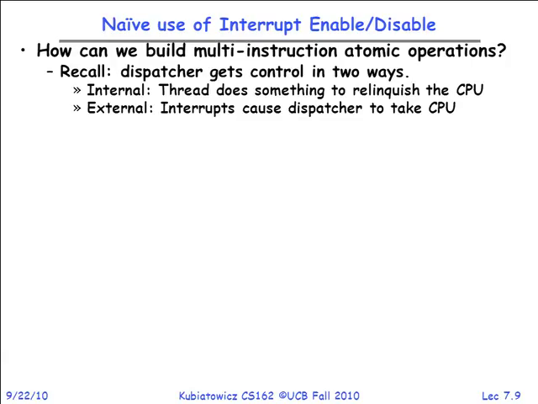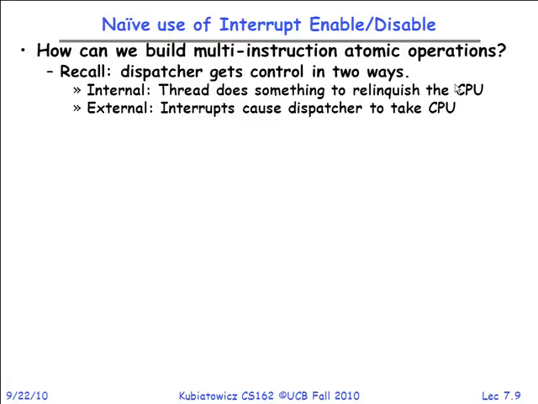But if the thread disables interrupts and then tries to do I/O or does something else, what we've been typically calling an internal event, you've just really screwed your system up. So you can't disable interrupts and then go off and do something that relinquishes the CPU. You've got to be very careful about that.